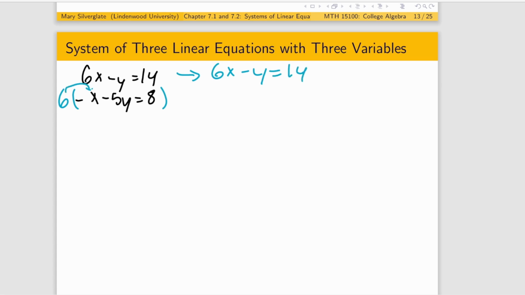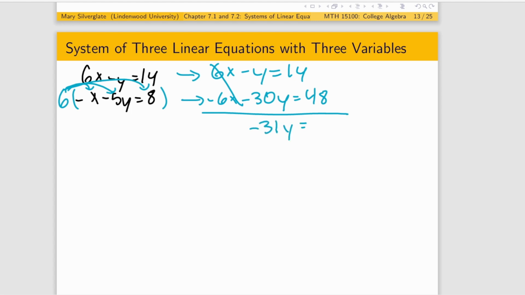The bottom equation, 6 times negative x gets us negative 6x. 6 times negative 5y gets us minus 30y. 6 times 8 gets us 48. And now we're just going to add straight down. 6x minus 6x makes 0 by design. Negative y minus 30y gets us negative 31y. 14 plus 48, so 4 plus 8 gets us 2, carry the 1.